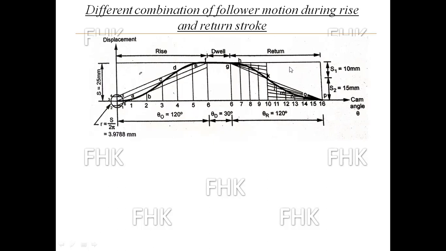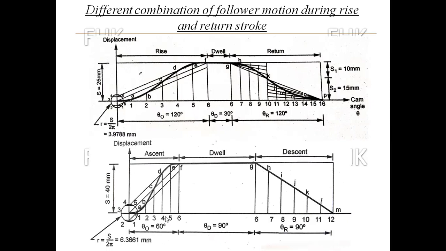This procedure shows when the follower motion is uniform acceleration and retardation. Okay, so the forward motion is cycloidal and the return motion of the follower is uniform acceleration and retardation.